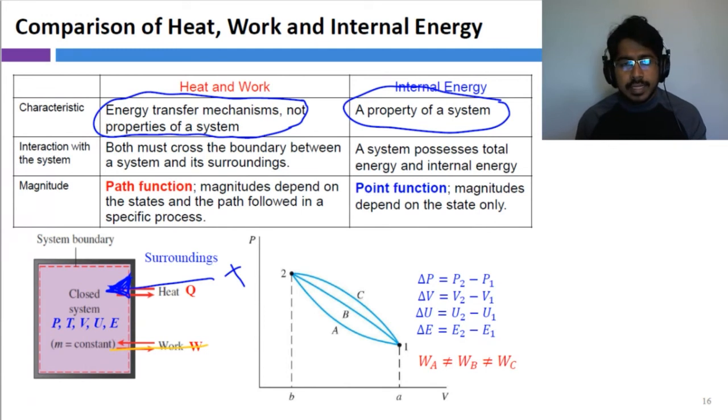And on the other hand, internal energy is a property of a system, and the system possesses total energy and internal energy. Therefore, that's a given value for the system. And also, it is a point function, or it does not depend on the path that we take during a given process.